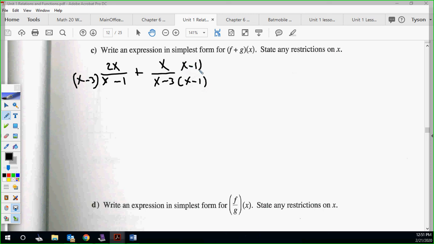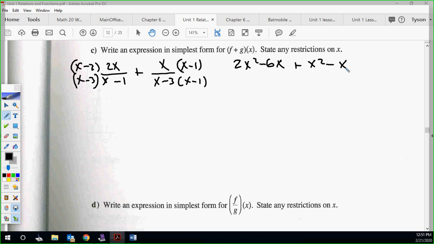So we do x minus 1 at top and bottom, x minus 3 at top and bottom to get the same denominator of x minus 3, x minus 1. So your top left is going to be 2x squared minus 6x. Your top right is going to be plus x squared minus x. Remember, don't FOIL the bottom, there's no need.